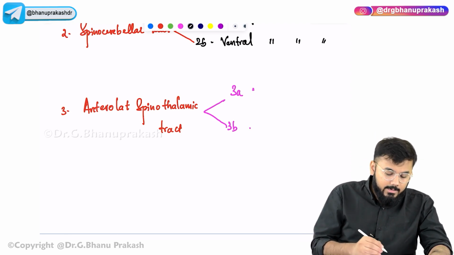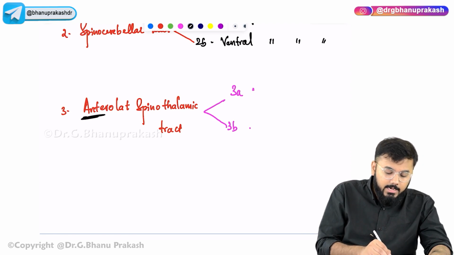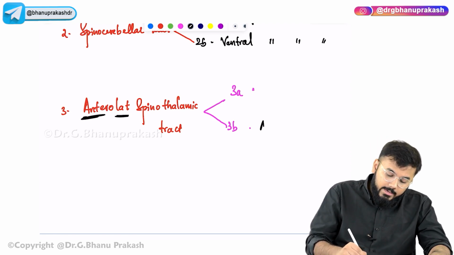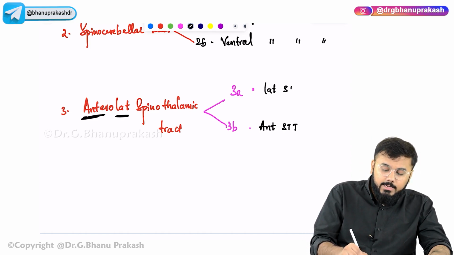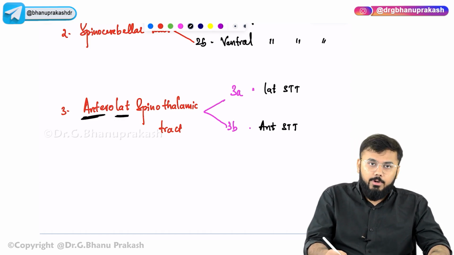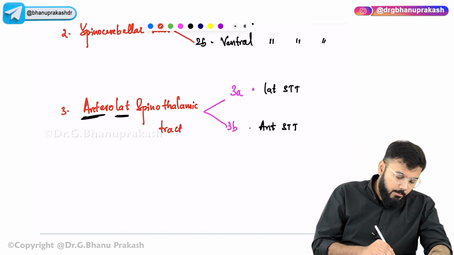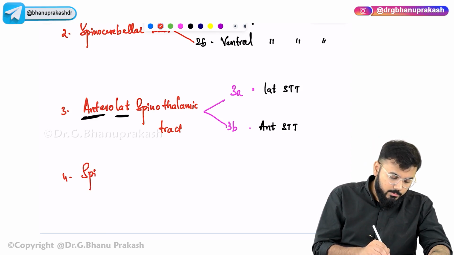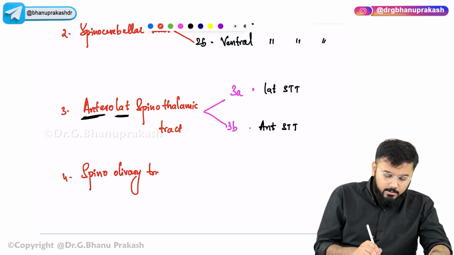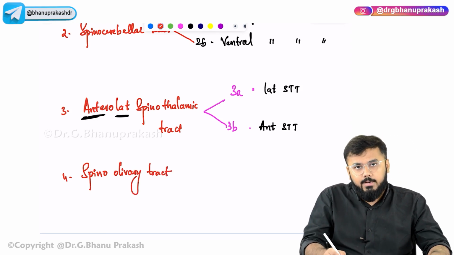In anterolateral, anterolateral in the sense anterior and lateral. So, anterior spinothalamic tract, STT. Another one is lateral STT, lateral spinothalamic tract. Two important tracts. And the fourth important thing here is spino-olivary tract. Right?